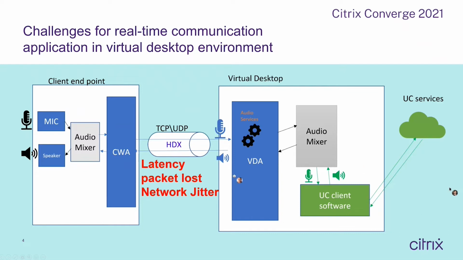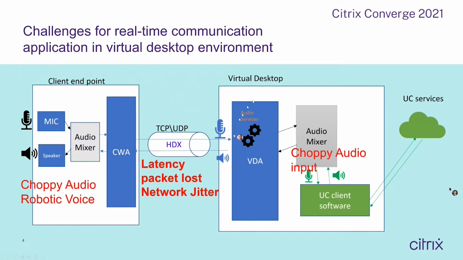So in a scenario where you have high latency in the network or any resource constraint inside the virtual desktop, your user starts to experience choppy audio input and might hear a robotic voice and things like that. These challenges will always be present in the non-optimized format.